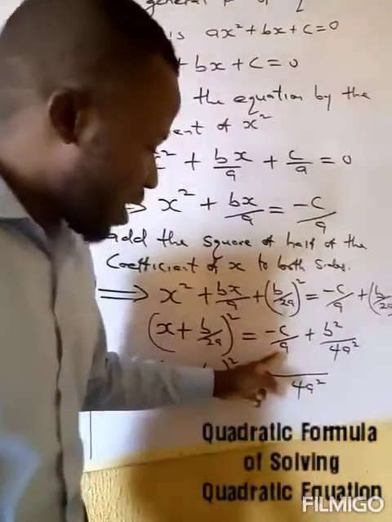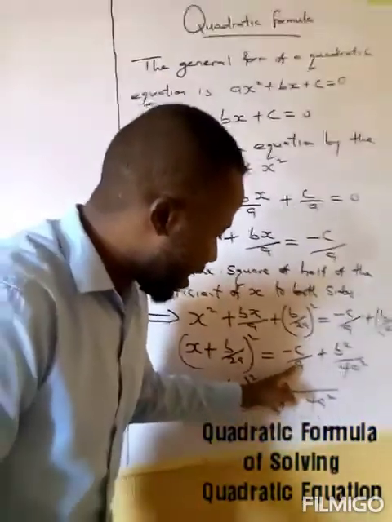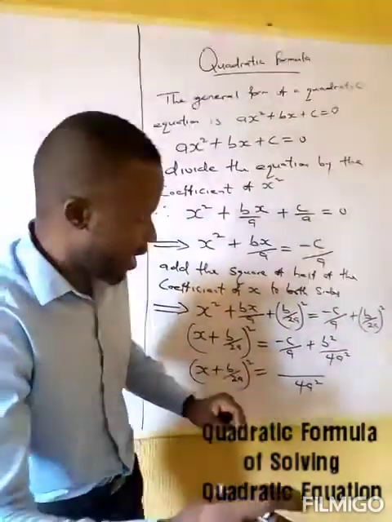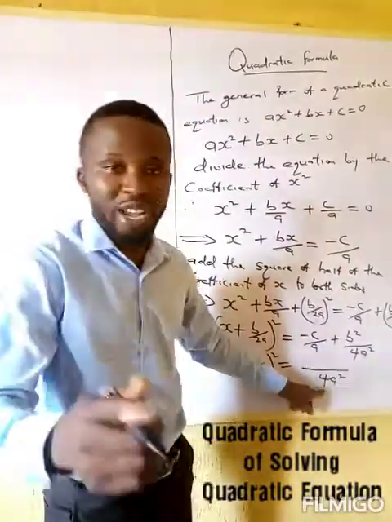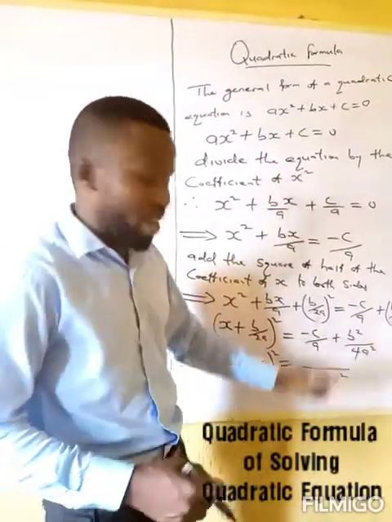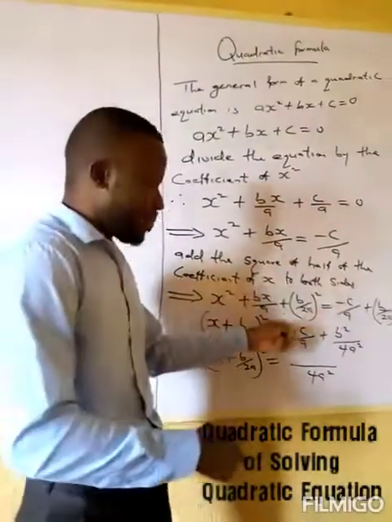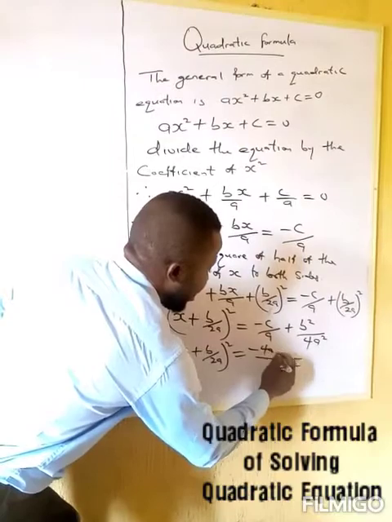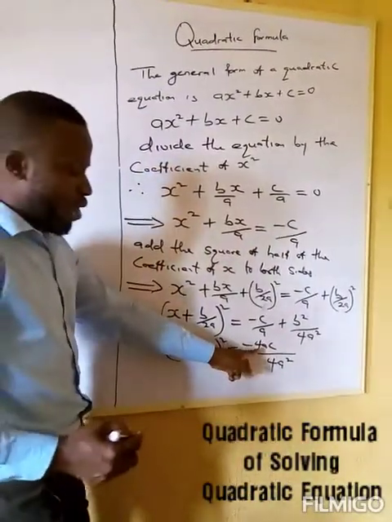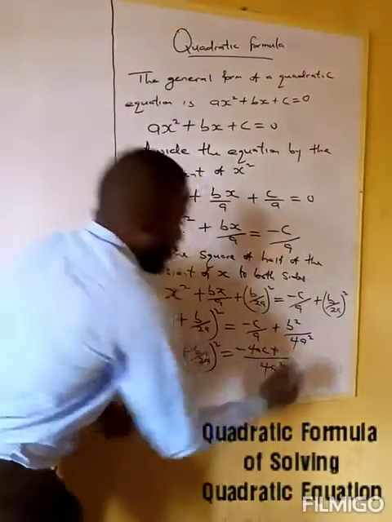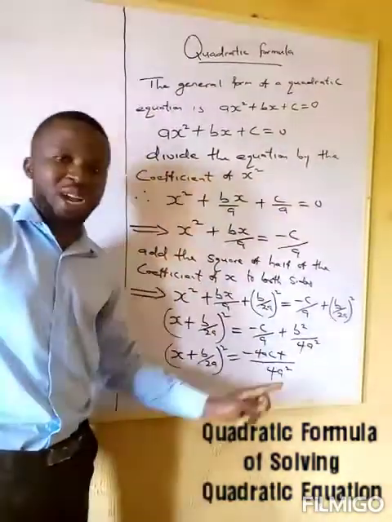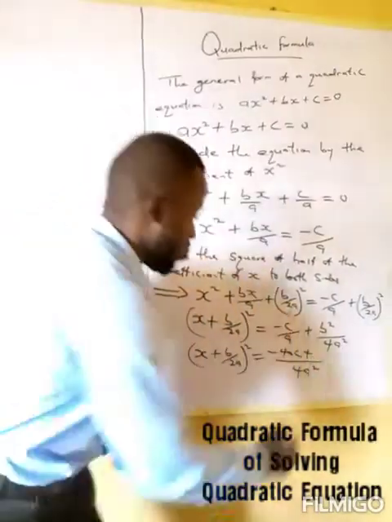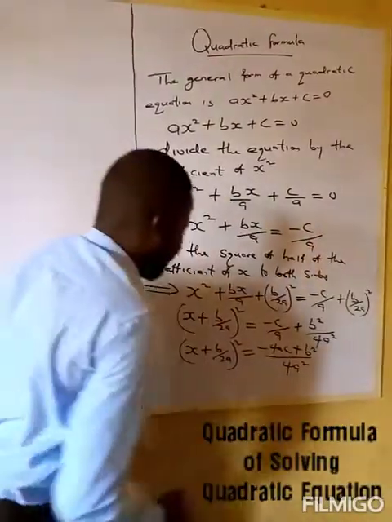Now we can find a in 4a squared. a in 4a squared gives us 4a. That means 4a squared divided by a gives us 4a. Then that 4a, if you multiply it with minus c, we get minus 4ac. Minus 4ac plus b squared over 4a squared. In 4a squared, we are getting 1. And that 1, if you multiply it with b squared, we get b squared.